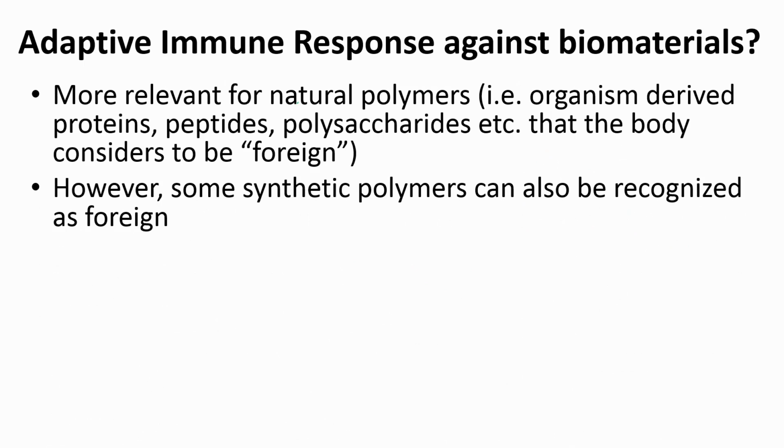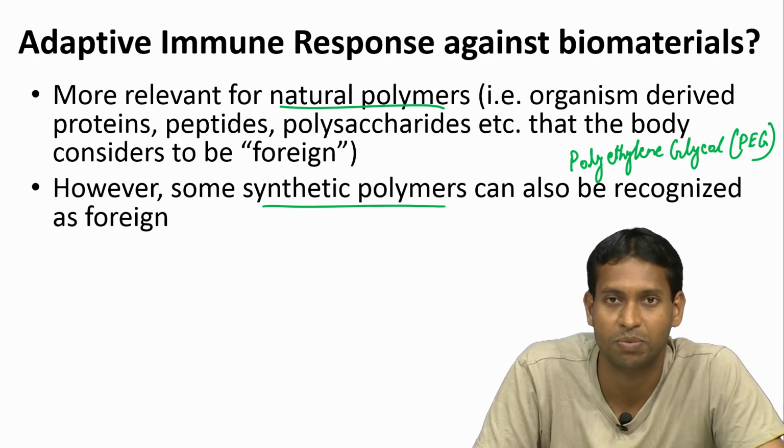Now I mentioned here natural polymers, however I have already given you guys an example in the polymer drug conjugates that even synthetic polymers can be recognized as non-self. So I hope you guys remember, we had talked about polyethylene glycol, or PEG, as one of the polymers that was used to prevent any protein adsorption, enhance circulation, increase the size, all of those properties.